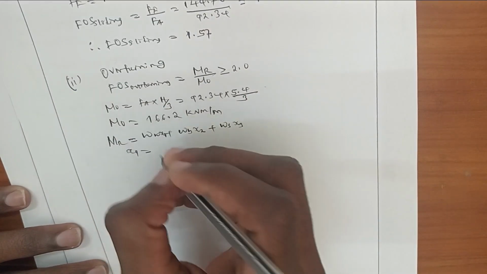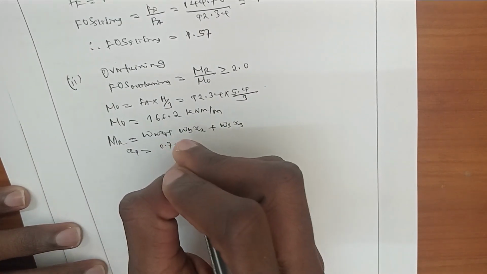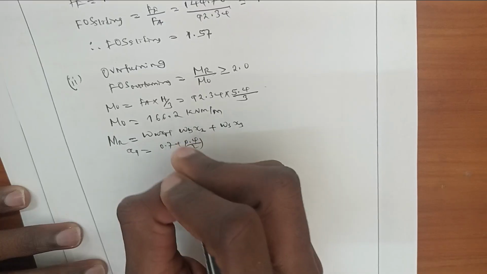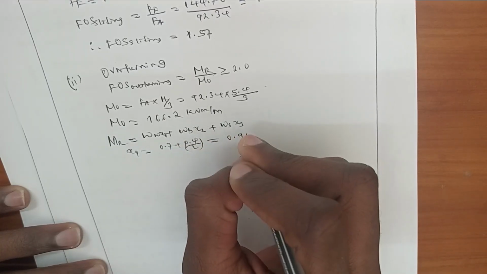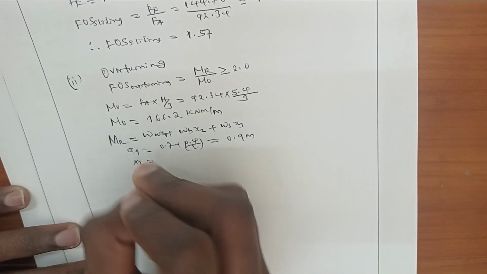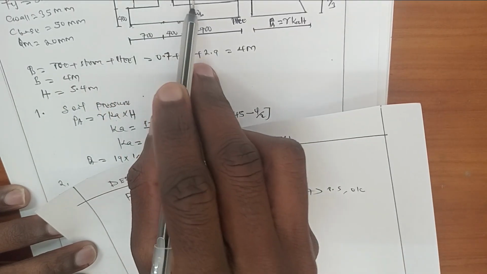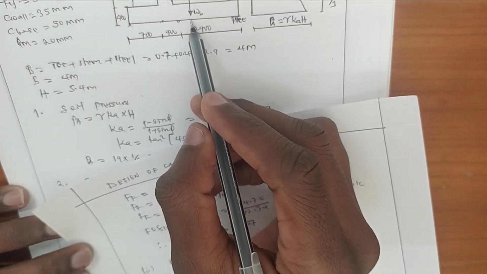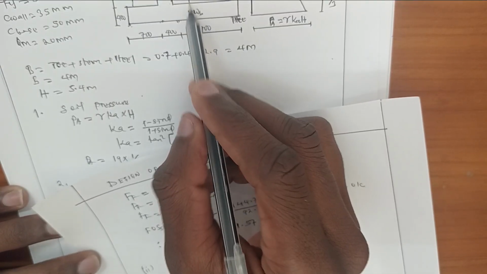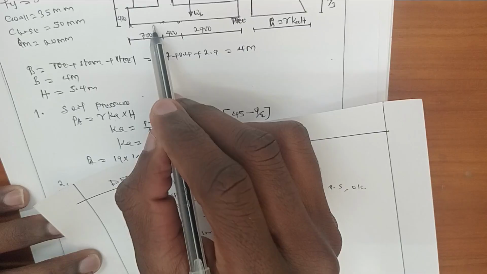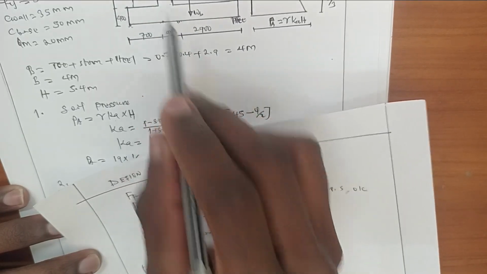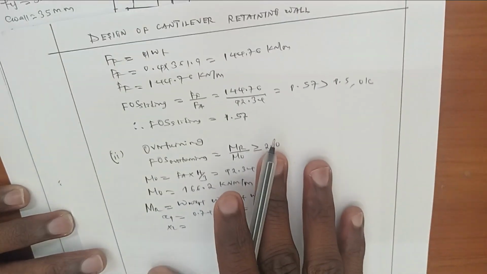So it will be 0.7 plus 0.4 divided by 2, which is 0.9 meter. X2 is the perpendicular distance to where the weight of the base acts, and it is obtained by taking the total width of the base divided by 2.